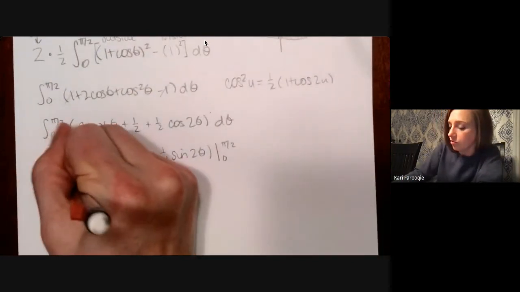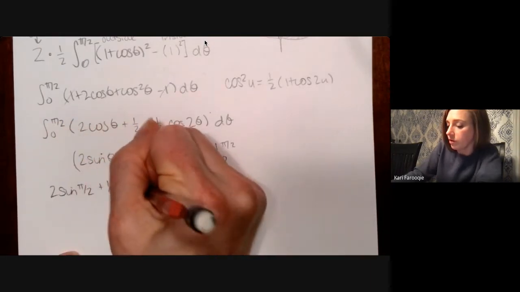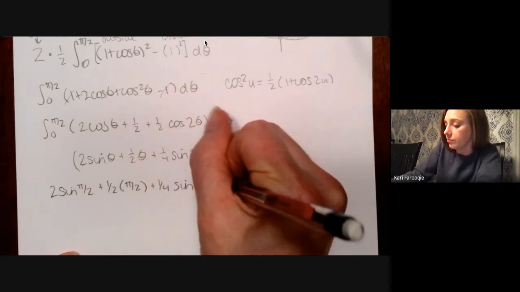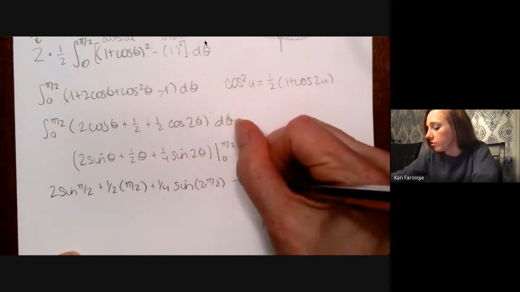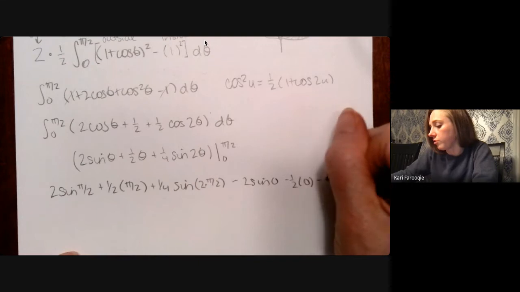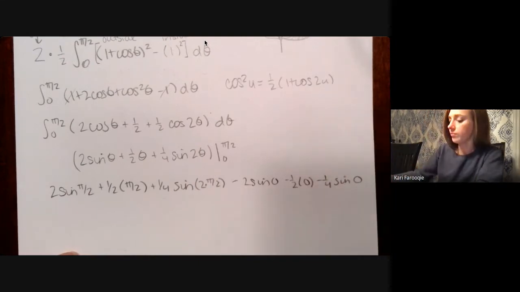So we have 2 sine pi over 2 plus 1/2 times pi over 2 plus 1/4 sine 2 pi over 2 minus 2 sine 0 minus 1/2 times 0 minus 1/4 times the sine of twice 0. So 0, 0, 0.